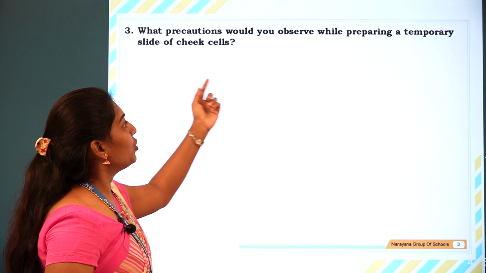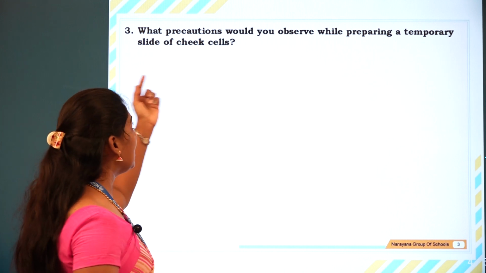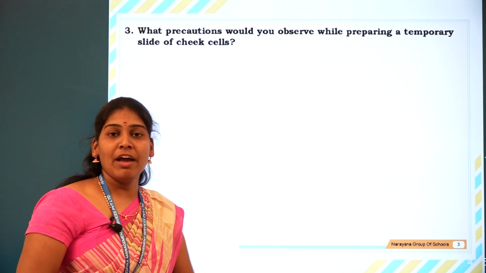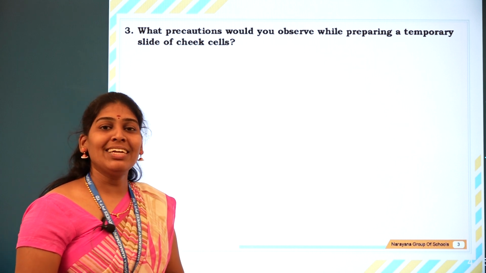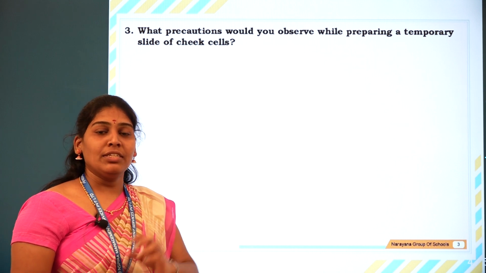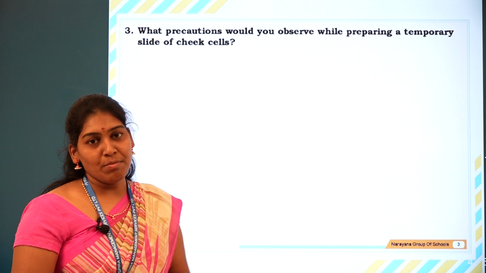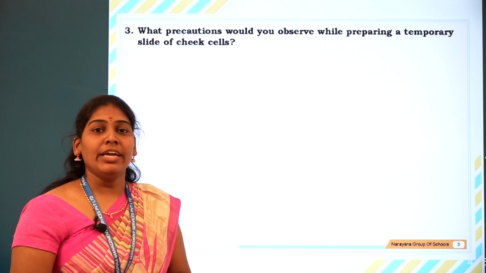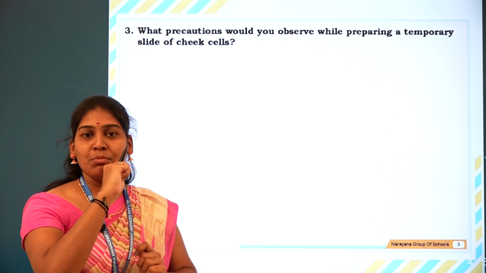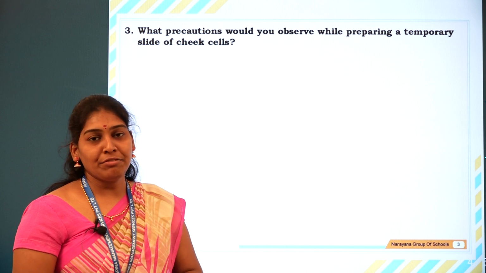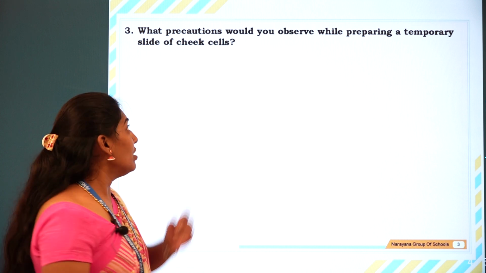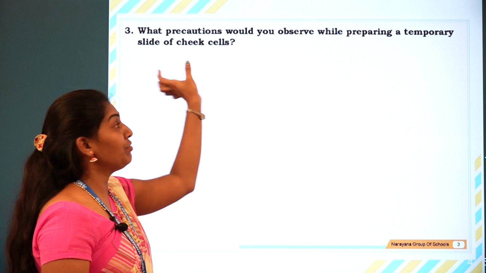What precautions would you observe while preparing a temporary slide of the cheek cells? As we have discussed earlier, the cheek cells are what we observe as an animal cell. Here, how are we taking them? We have to scrape them from our mouth, and we have to do this experiment very carefully. So what are the precautions we will take?